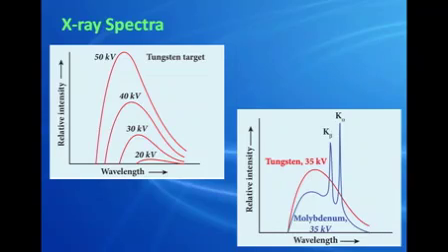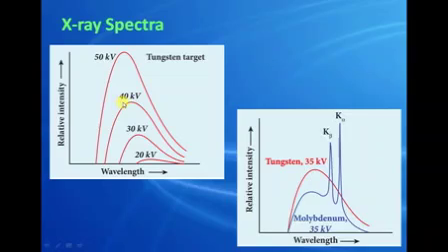The continuous spectrum consists of radiation of all possible wavelengths with a certain minimum wavelength lambda naught, which depends on the voltage across the electrodes. The peaks are characteristic of the material of the target. It is also called the characteristic spectrum. See the first diagram.